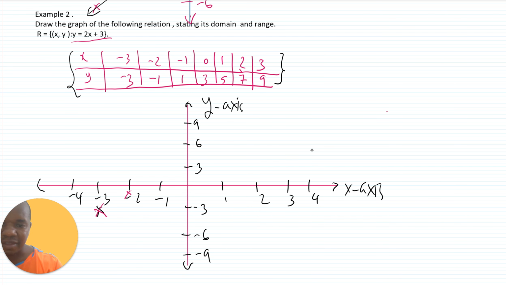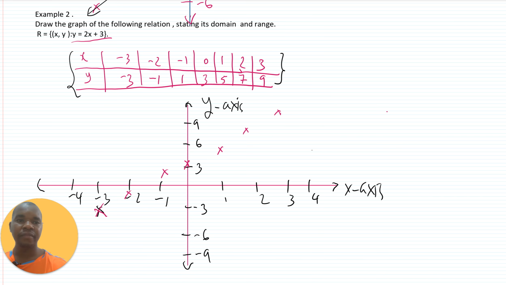Then -1, +1 is somewhere there. Then you'll be having 0, 3, there it is, 1, 5, there it is, 2, 7, there it is, 3, 9.